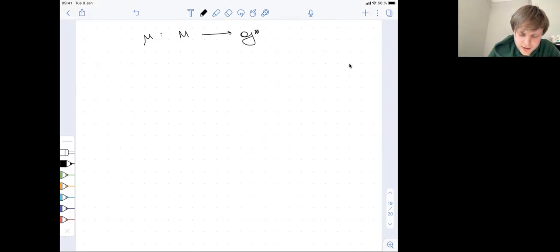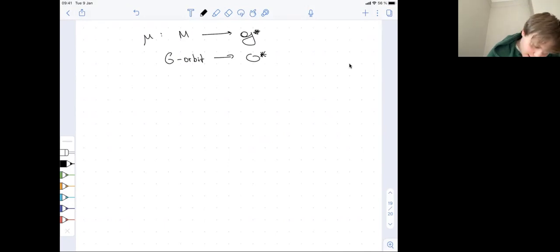So mu is a map from M to G star, right? But when I was telling you about equivariant moment maps, and in this example you can check it by hand, and in general you check that your moment map is equivariant by hand, I told you that it sends a G orbit to the coadjoint orbit, right? Yeah.